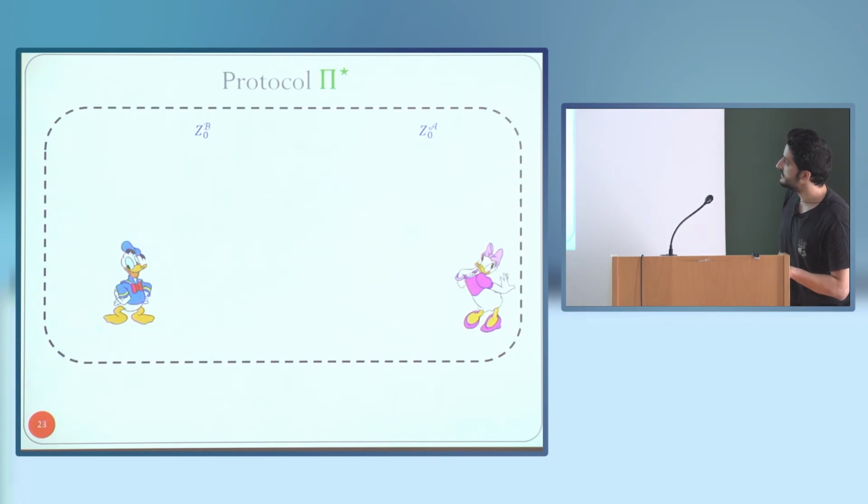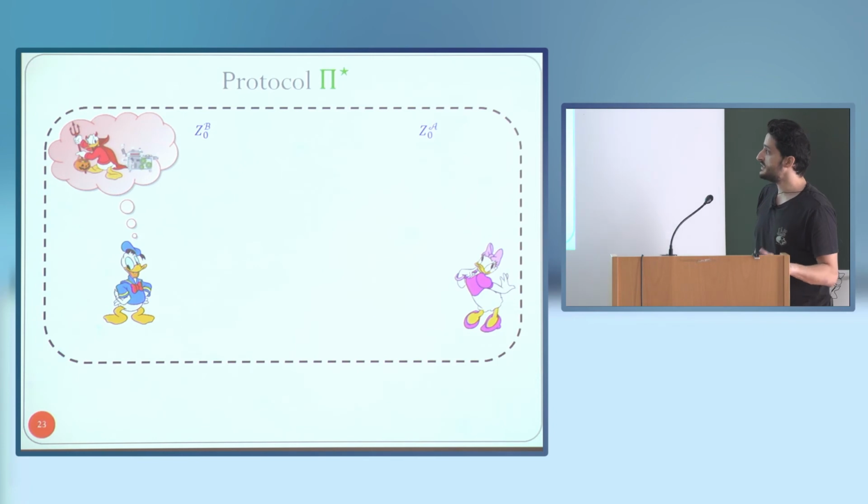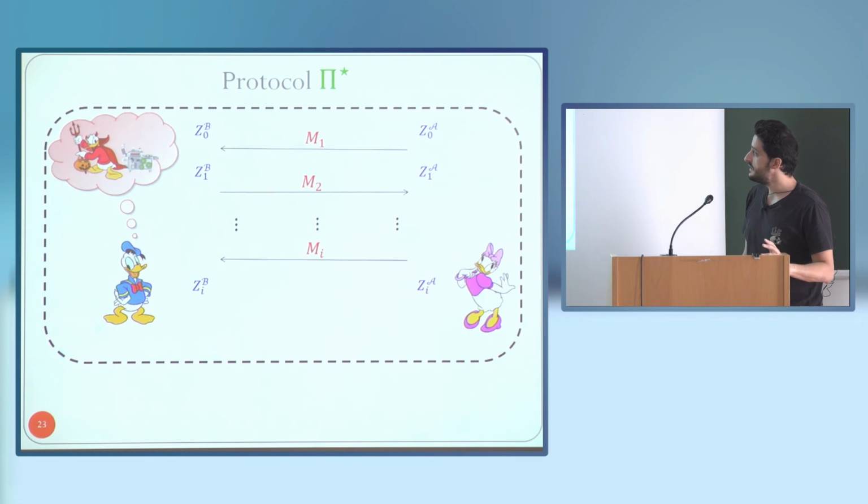So what is this variant of pi? I'm calling it pi star. It's almost exactly like pi. The difference is that the honest Donald is running the previous attack in his head. They exchange messages exactly like pi, and at some point, the little guy in his head tells him, you need to attack now.